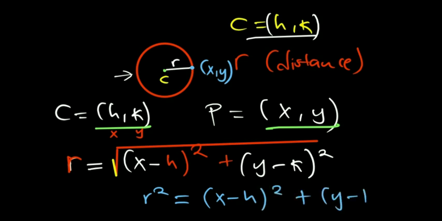So if you've done your coordinate geometry, this shouldn't be a struggle for you to remember. Just remember the basic distance equation. That is basically what gives you the formula for determining the length of the radius, and that is actually where the equation of the circle comes from.